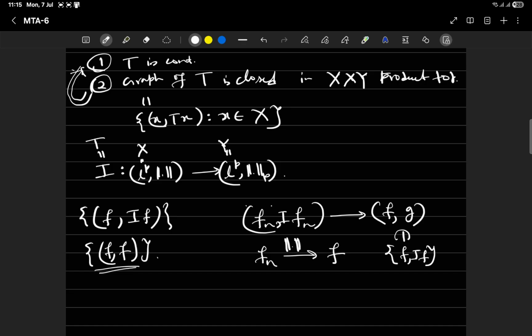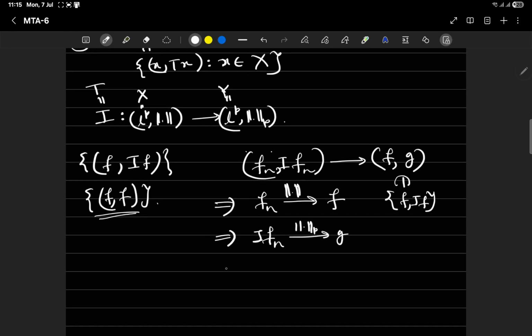But now convergence in the product topology implies convergence of fn to f in the new norm and convergence of Ifn in p norm to g. But Ifn is fn. So this is converging to g in p norm, and this is converging to f in the new norm.